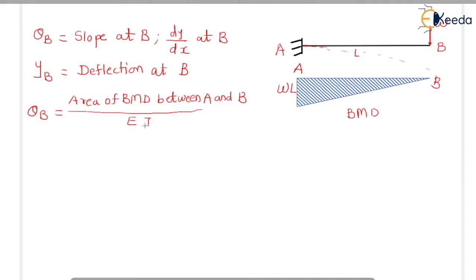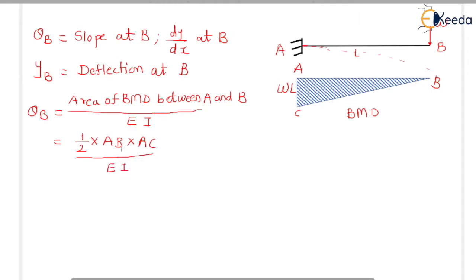What is this area? It is 1 by 2 into AB into, let us name it, AC. So it will be 1 by 2 into AB into AC divided by EI. This is the slope.